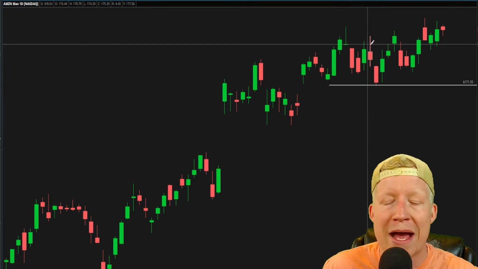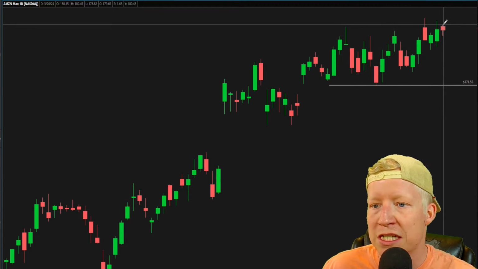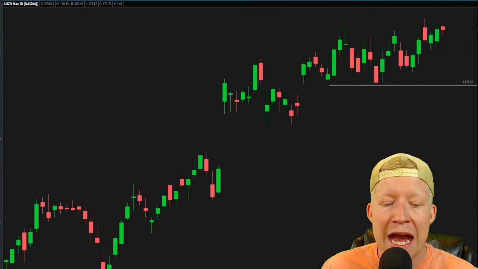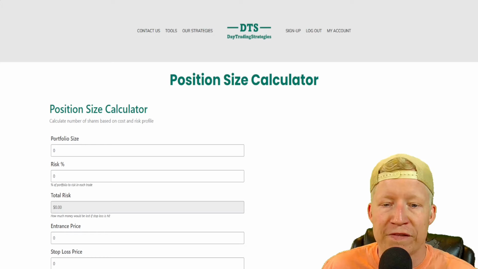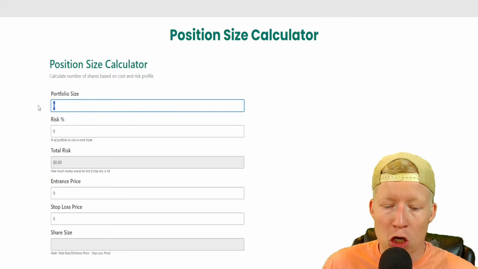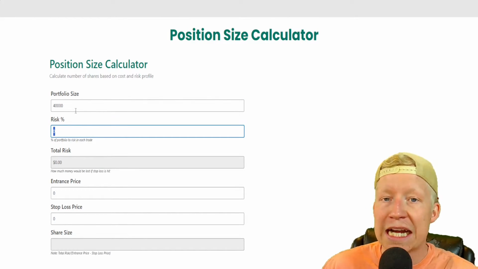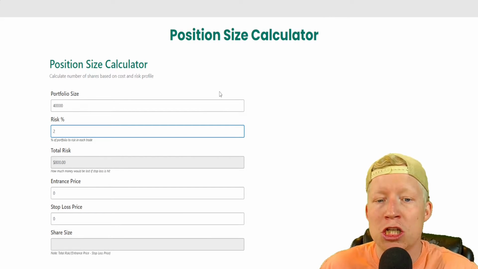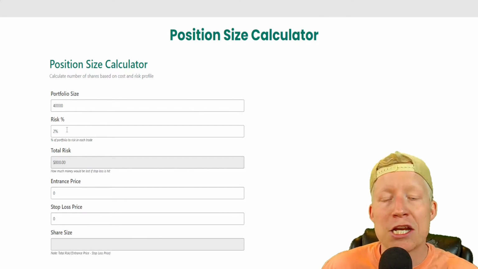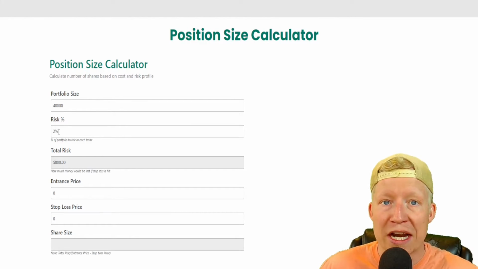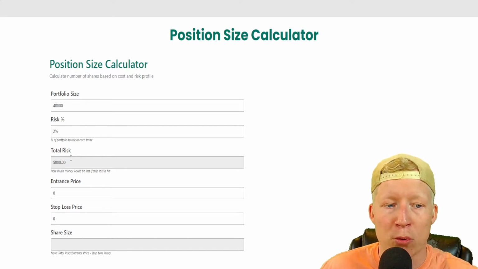So once again, let's go back to this Amazon chart and let's just use the same example. I'm going to enter at 180. I'm going to get stopped out at 171.5. So if I jump back in, I'm currently trading roughly a $40,000 portfolio, and I like to set my risk percentage to 2%, which means in any trade I take, I will risk only 2% of my portfolio.